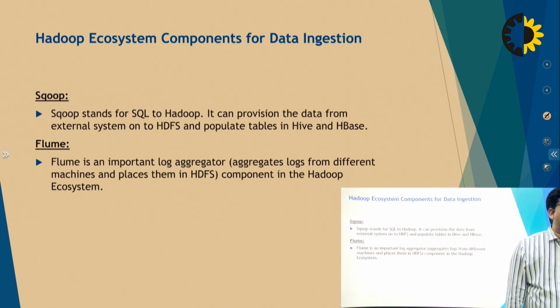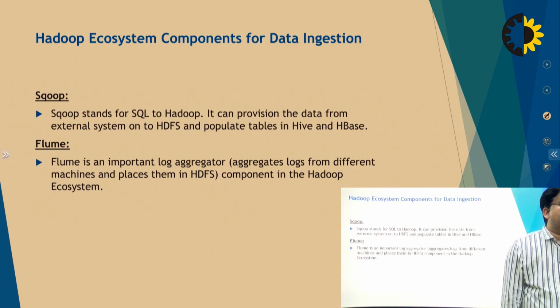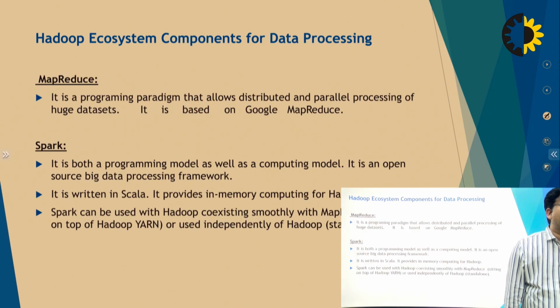Next components are Sqoop and Flume. Sqoop stands for SQL to Hadoop. It can provision the data from external systems onto HDFS and populate tables in Hive and HBase. Whereas Flume is an important log aggregator, which collects data from different machines and puts it in HDFS.